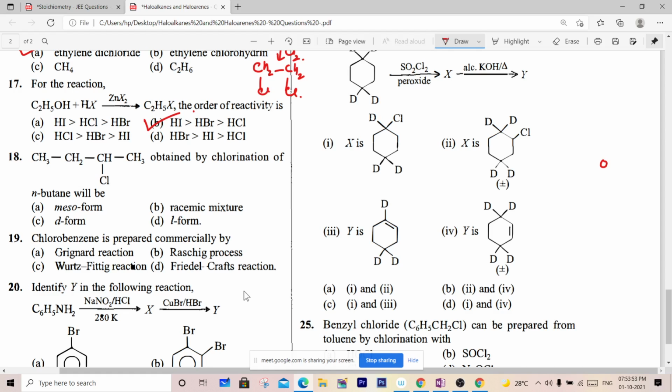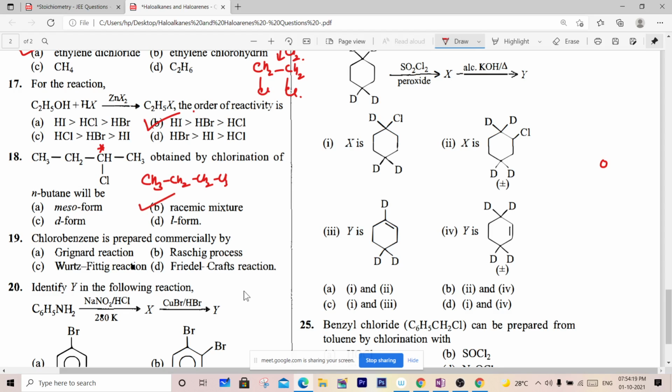I have a butane here. From the butane, I have got the 2-chlorobutane. You can see it is a chiral carbon atom. It means that it will be optically active. But chlorine can come from either side, right? So both will be formed, racemic mixture will be obtained.